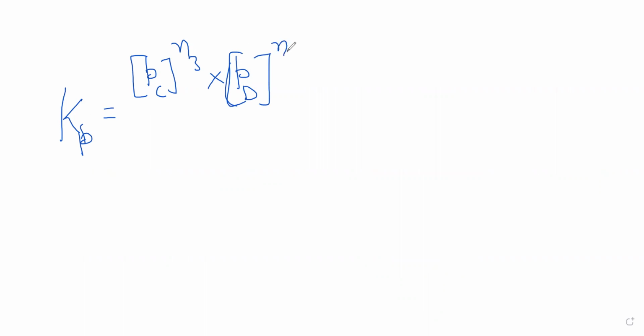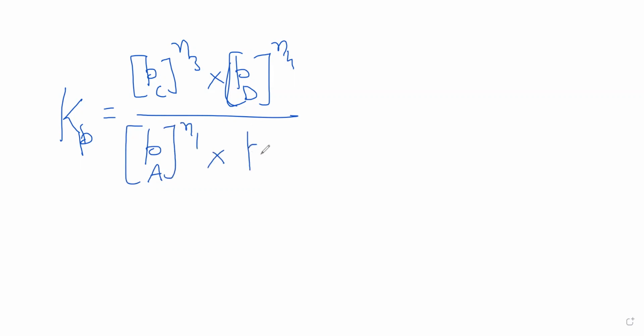Now Kp is equal to the partial pressure of C whole power n3, partial pressure of D whole power n4, divided by partial pressure of A whole power n1 multiplied by partial pressure of B whole power n2. Like this it is there.